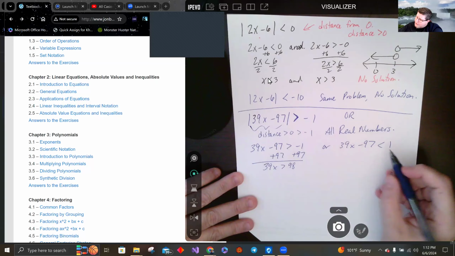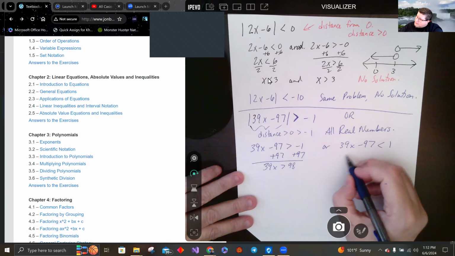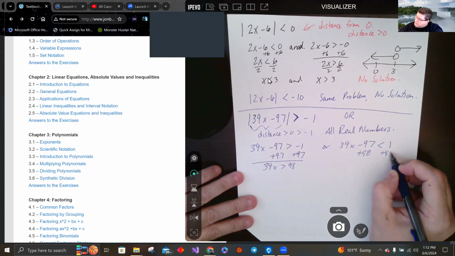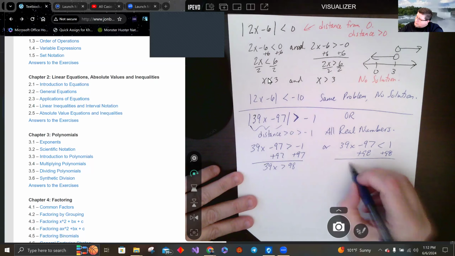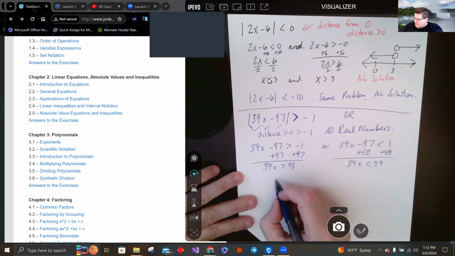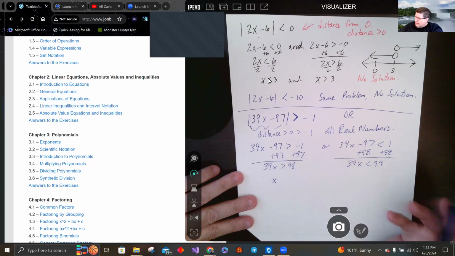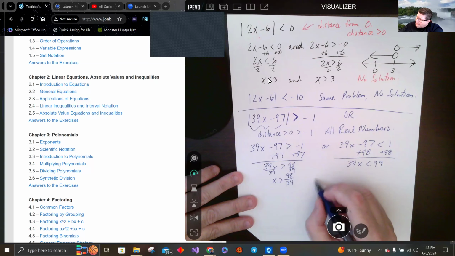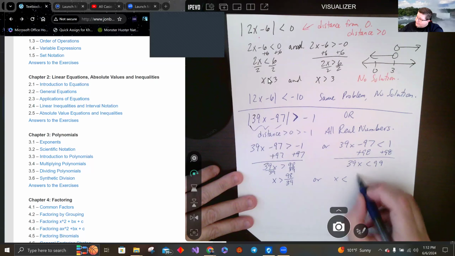Now I'm wishing I hadn't used such big numbers. So x is greater than 98 over 39, or x is less than 99 over 39.